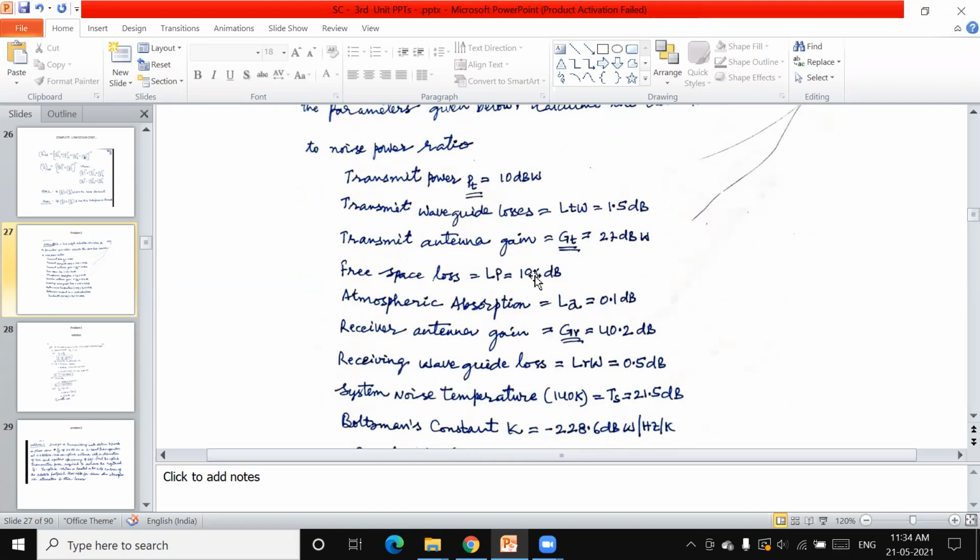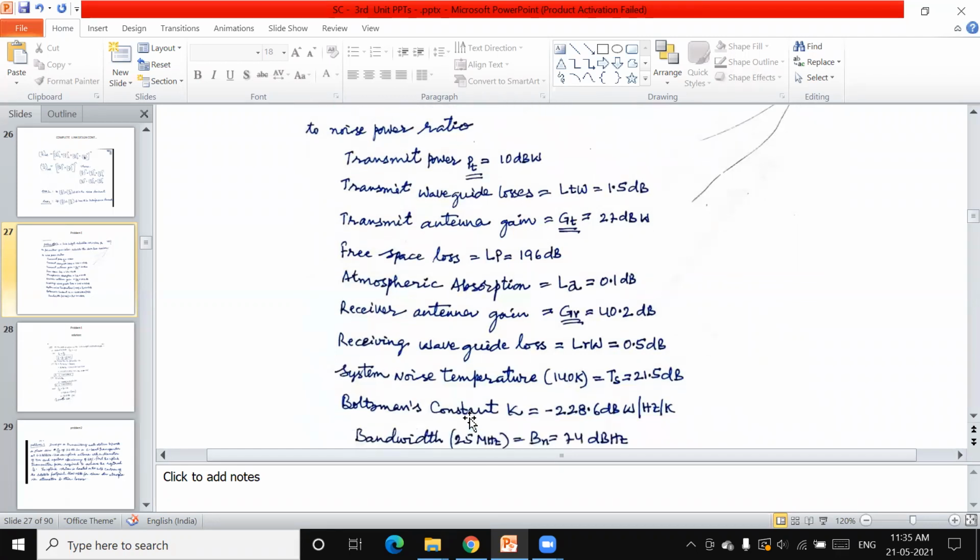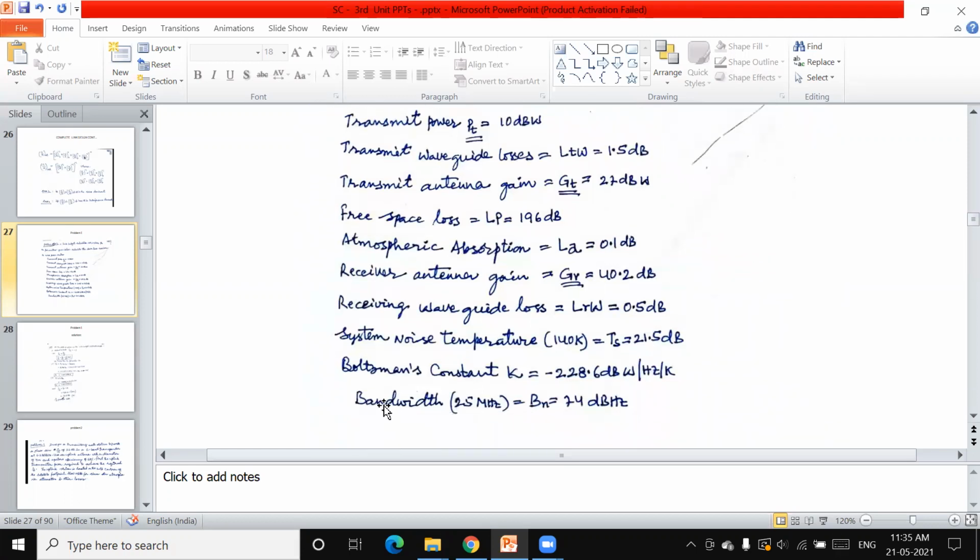Receiving waveguide loss. Here it is the transmitting waveguide loss, and here it is the receiving waveguide loss, LRW, 0.5 dB. System noise temperature TS is 21.5 dB, all in dB. Kelvin is converted to 21.5 dB.